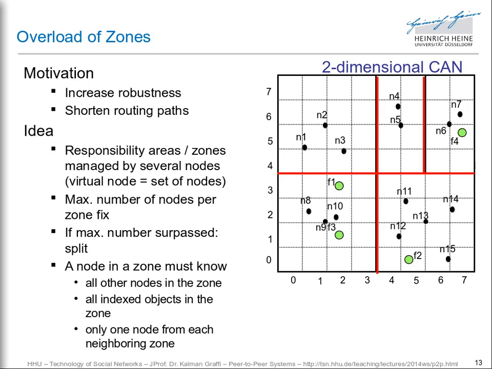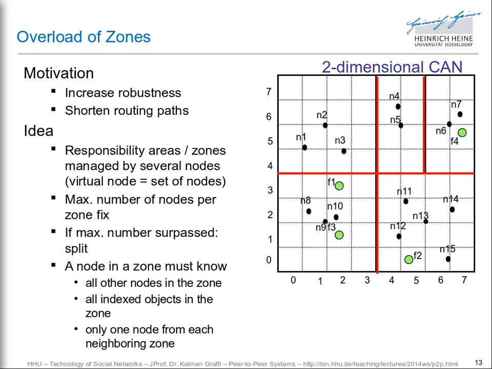Another improvement is to overload zones. This pattern we saw in Omicron, where a zone must not be maintained by only one node, but a few nodes. We can also use this for CAN or GLOBase, for example. As you can see here, we have an example for a two-dimensional CAN.